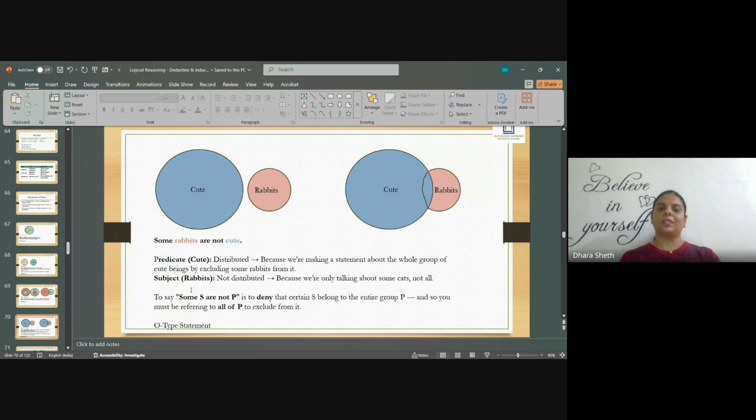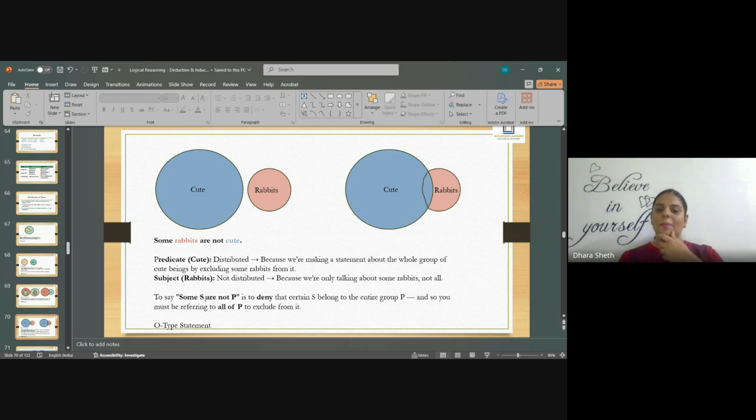My subject is not rabbits. Okay? The subject rabbits is not distributed because we are not sure if all rabbits are not cute or just some rabbits are not cute and some are cute. So because we are talking about some rabbits, not all.